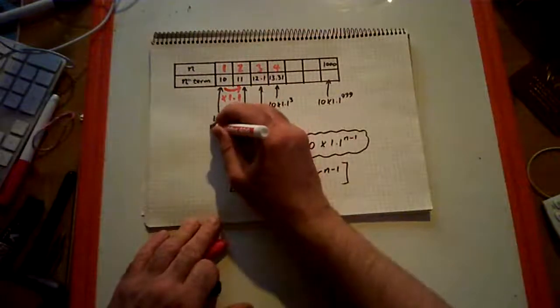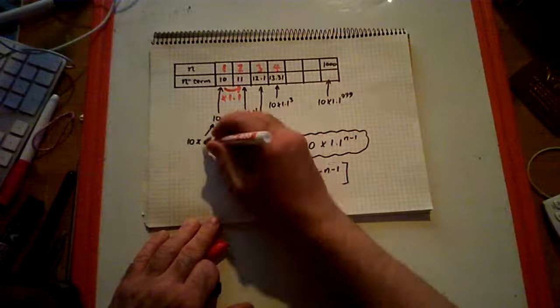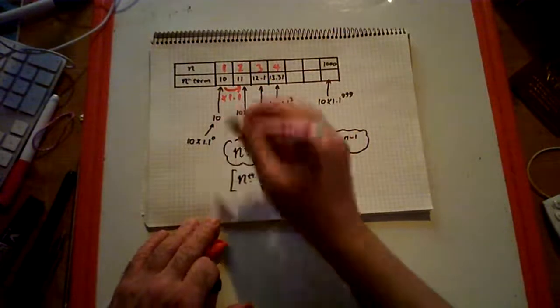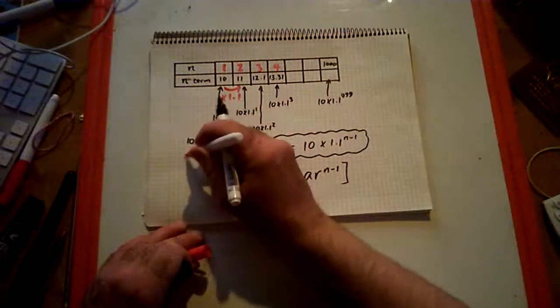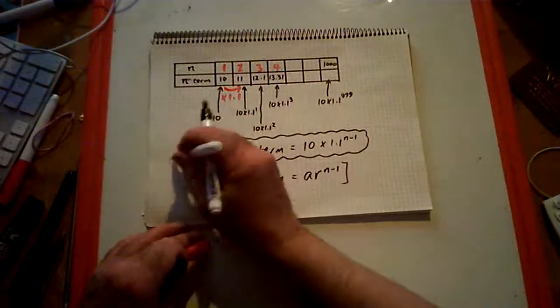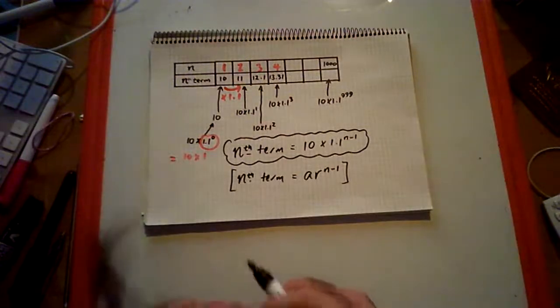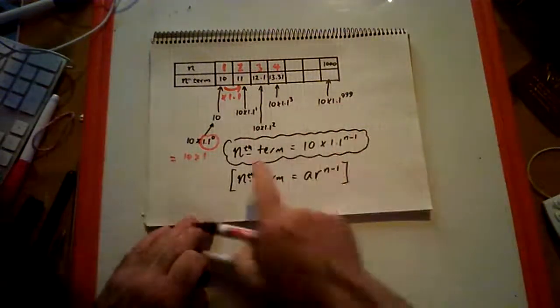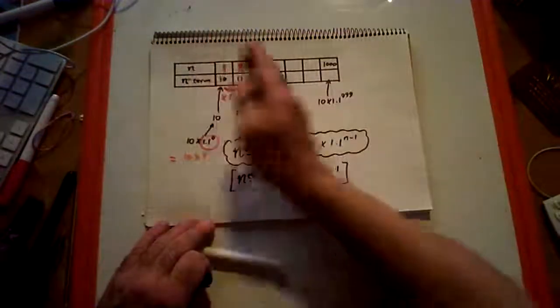And even the first term, 10, you can think of as 10 times 1.1 to the power of 0, because 1.1 to the power of 0 is just 1, because anything to the power of 0 is 1. So that rule for the nth term is absolutely consistent throughout the whole thing.